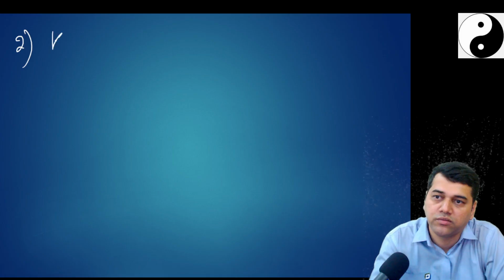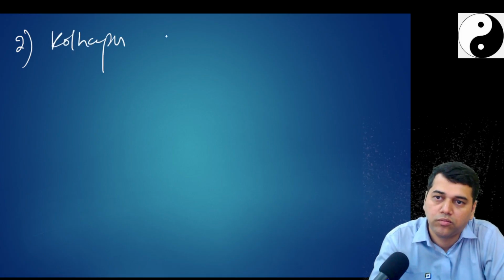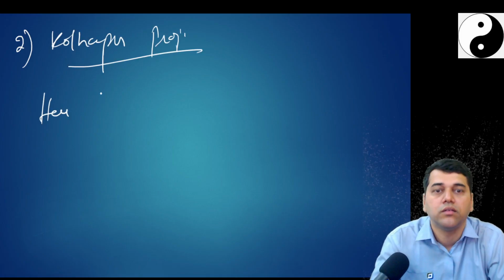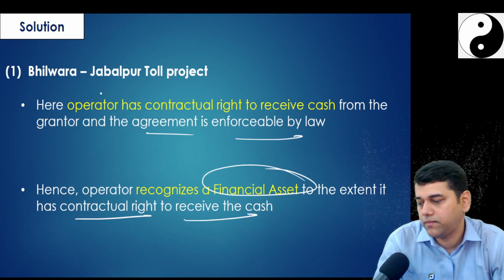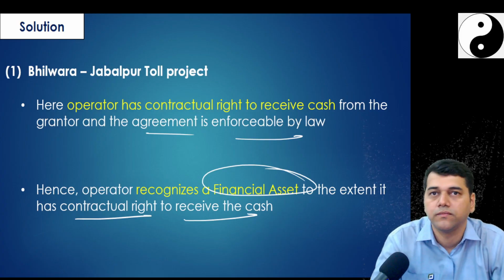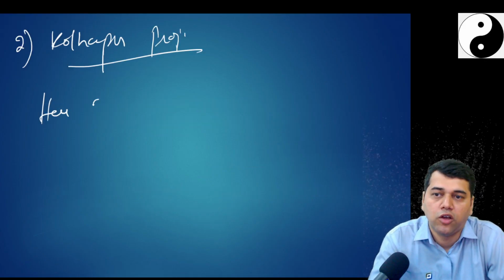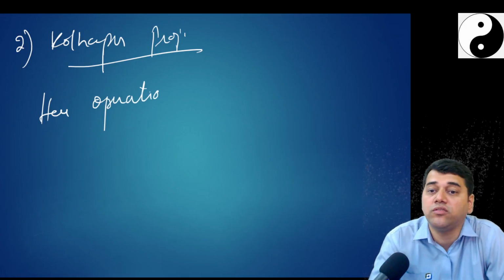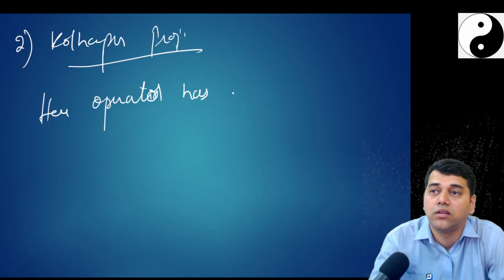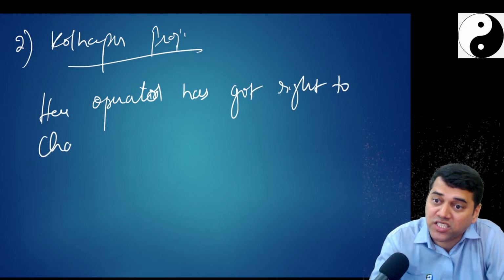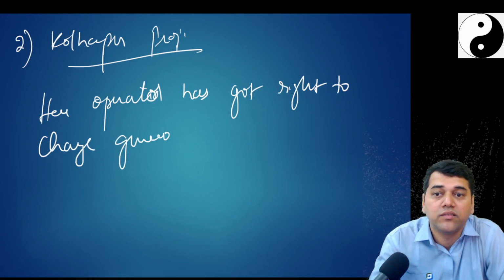Next, we will go to the second question, Kolhapur project. Here, in the Kolhapur project, the operator has got which right now? Right to charge the general public.